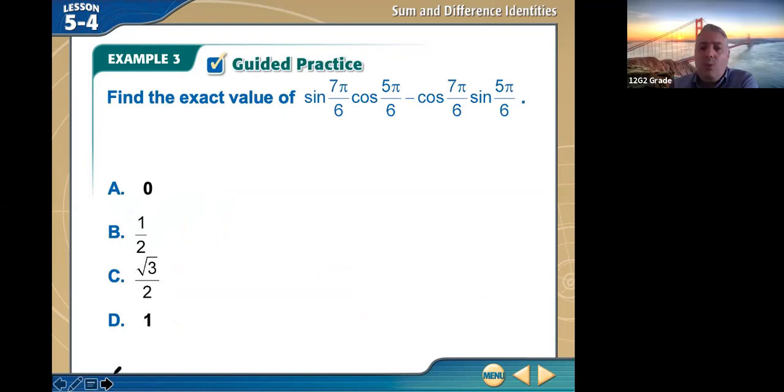I want you to solve this. But sine, cosine, cosine, sine, if minus, on the left side also minus. Or let me remind you of the formula: sine of x minus y equals sine of x times cosine of y minus cosine of x times sine of y.